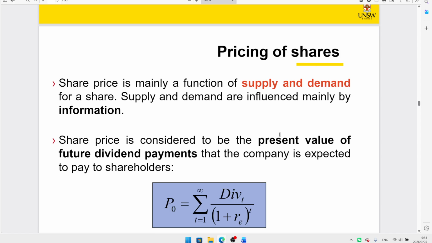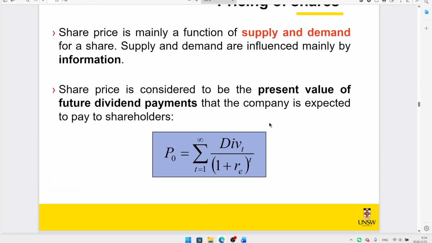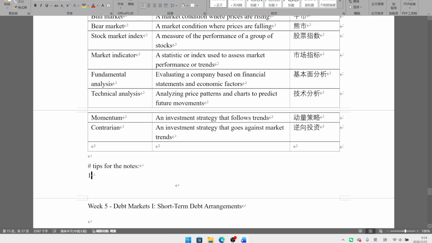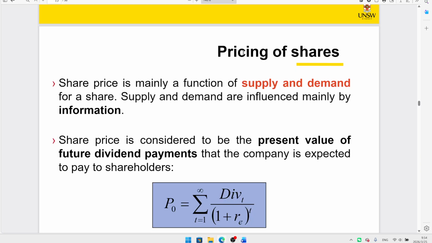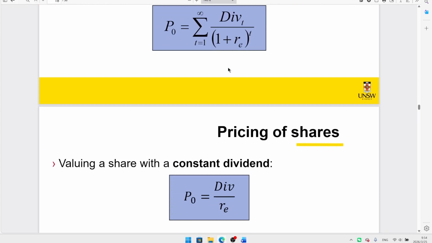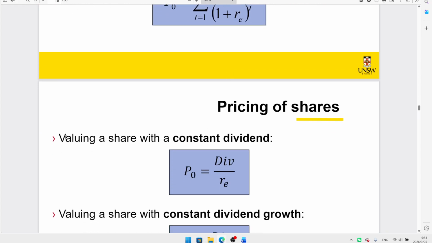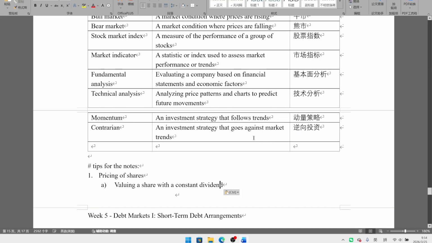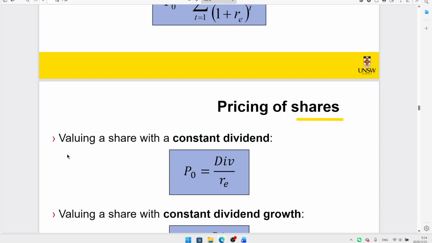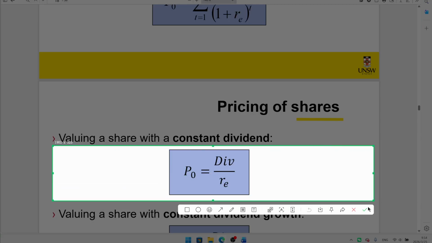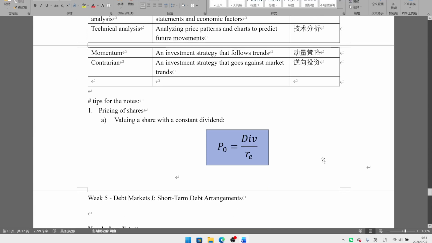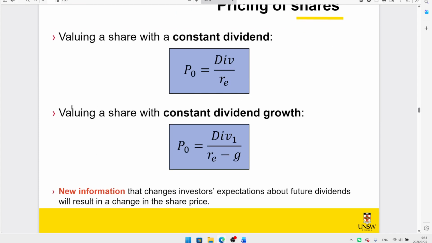So let's see the pricing of shares. The first one is valuing a share with a constant dividend. And we can get a picture here. The price is the dividend divided by the interest rate.